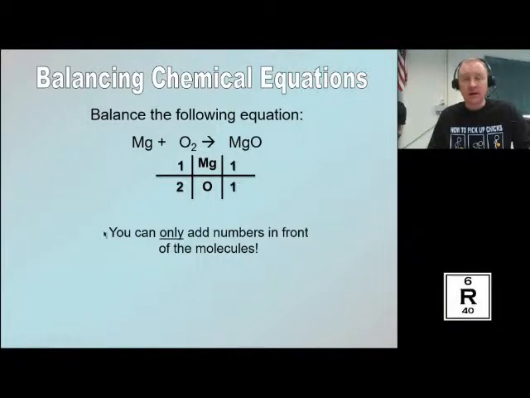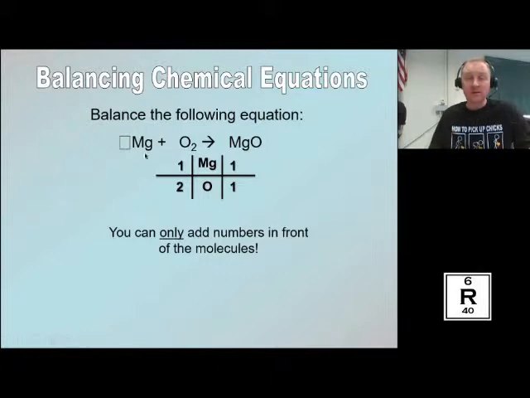When we're trying to balance equations, we can only add values in front of the elements or compounds. I can't add a subscript. A subscript is changing the molecular formula.